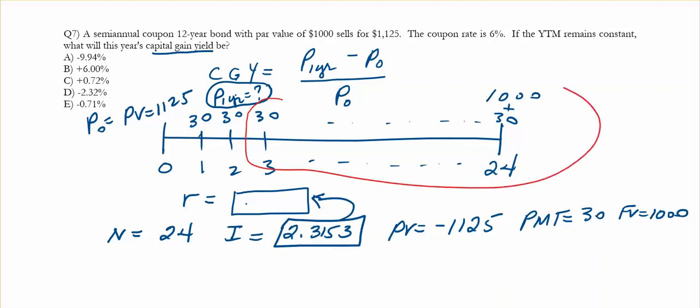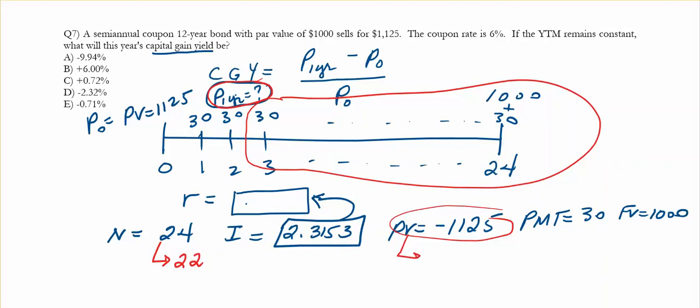The price of the bond in 1 year is just the present value of these remaining 22 payments. So with the passage of time, the N goes down by 2. Interest rate stays the same because the problem says yield to maturity stays the same. PMT and FV always stay the same.